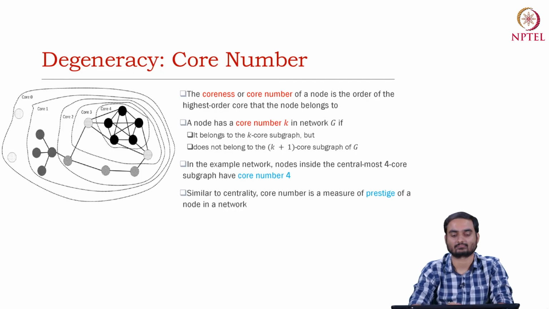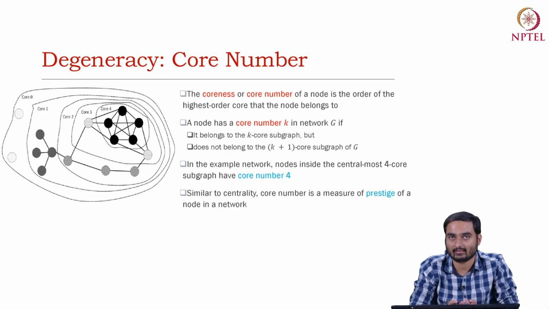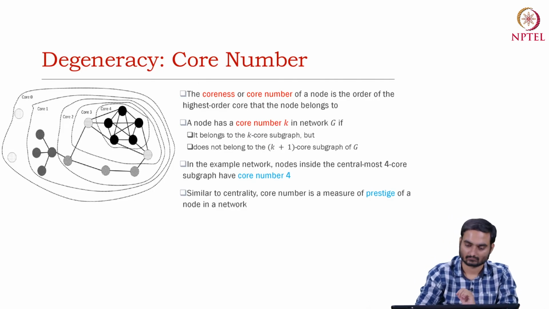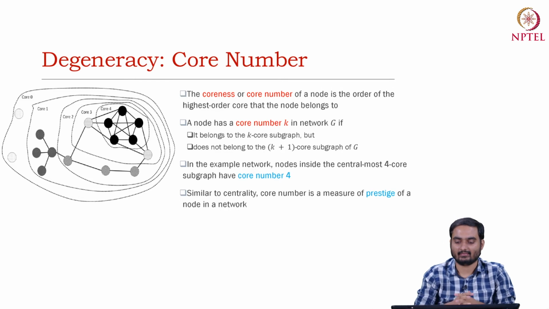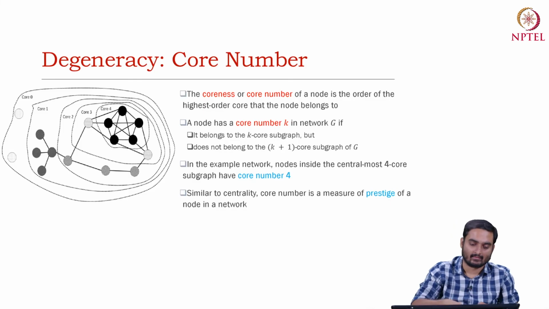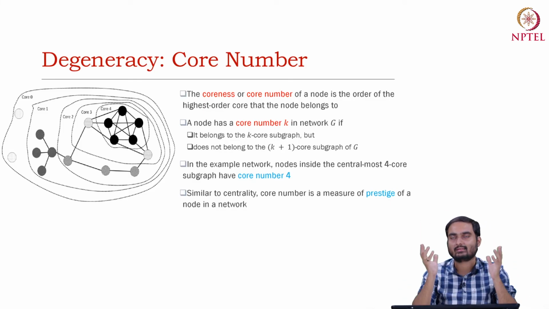This is called degeneracy. Now what is degeneracy? Now this has some relation with the assortativity that I mentioned earlier. So it's basically saying that I'm trying to understand the peripheral structure of a network and the core structure of a network. Okay, what does it mean? So peripheral nodes of a network are basically those nodes which have degree 1.